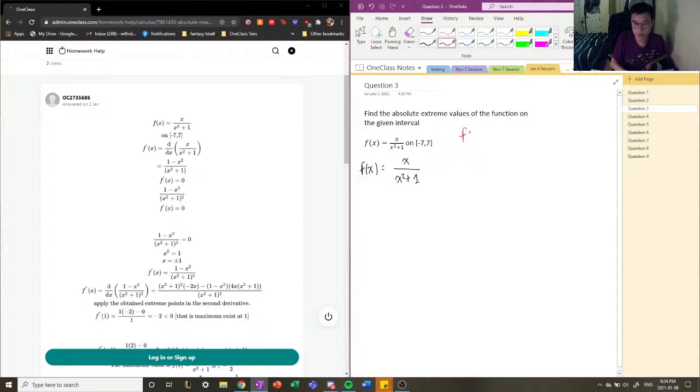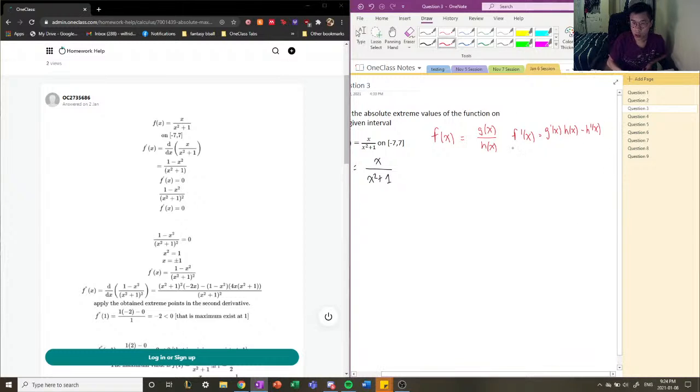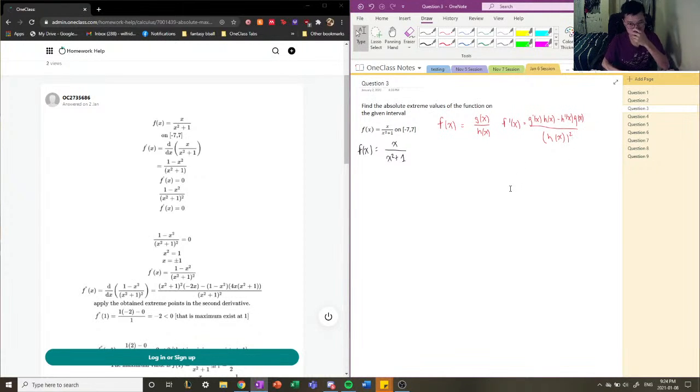If f of x equals g of x over h of x, then f prime of x equals g prime of x times h of x, minus h prime of x times g of x, all divided by h of x squared. That is how you find the derivative of a rational function, and we're going to use that here.